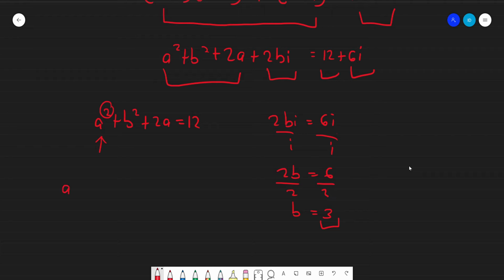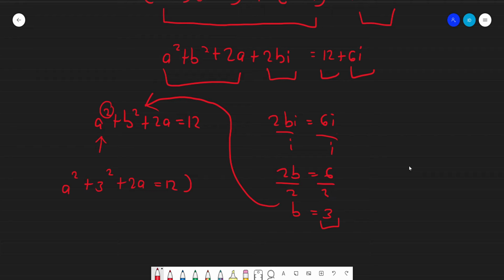So a squared plus 3 squared, remember we substitute b into the equation. So a squared plus 3 squared plus 2a is equal to 12. Now we can solve this equation, because we are left with one unknown, which is a.